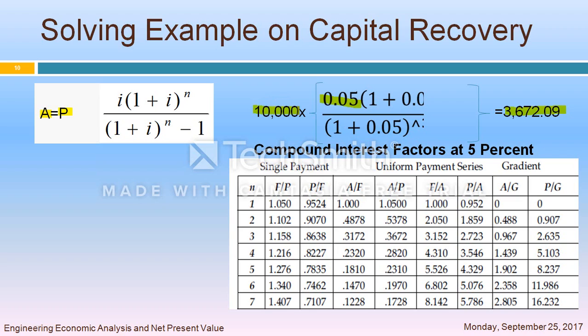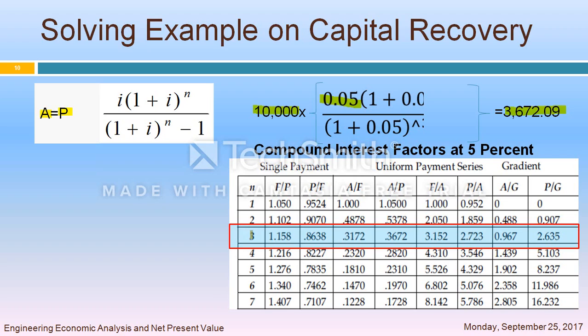Let's also solve it using the tables. As we said before, the tables are usually an easy way to find the unknown, which can be A, P, F, whatever. But we have to be very careful about which notation we should use. So now we have N, which is 3 years.